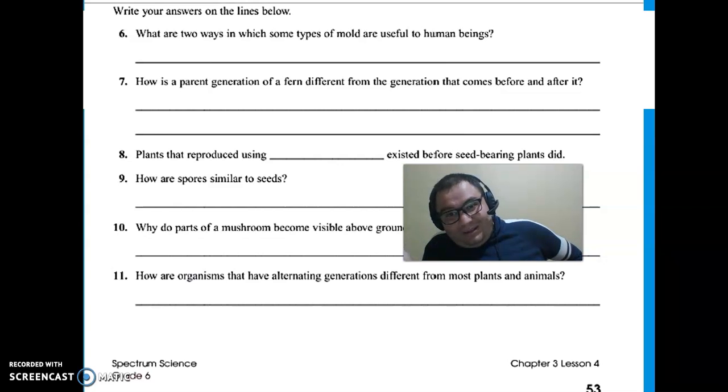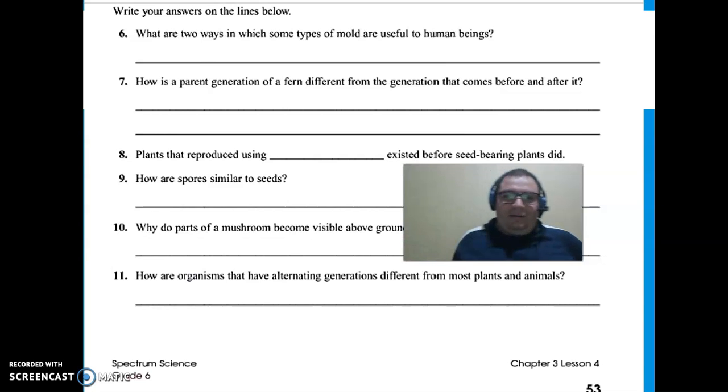Can you believe it? It's awesome. So penicillin is one option, and you can find others on the internet if you want. When we say molds, we refer to fungi, or mushrooms.